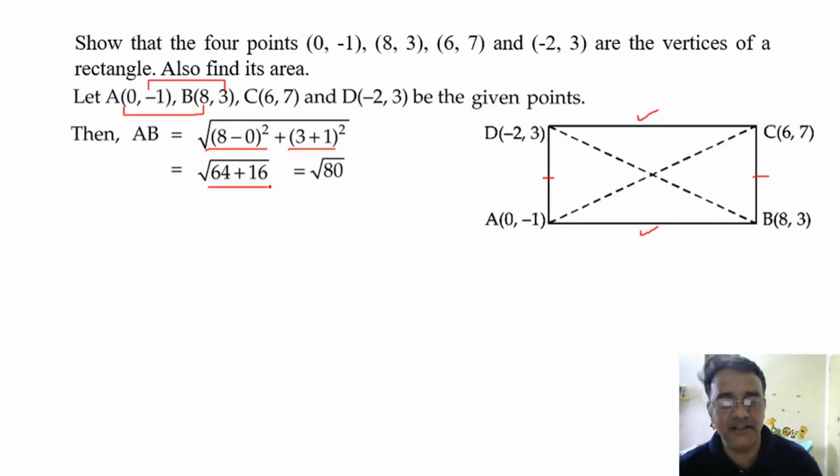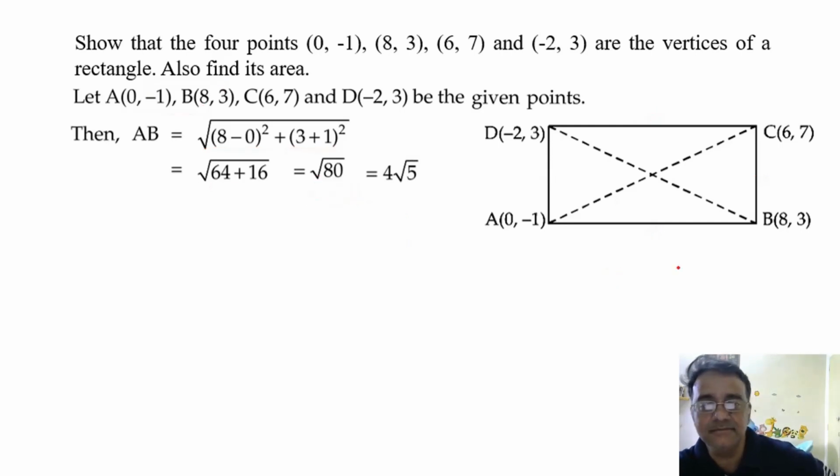Because 80 you write as 16 into 5. And the square root of 16 is 4. So it is equal to 4 root 5. This is clear?